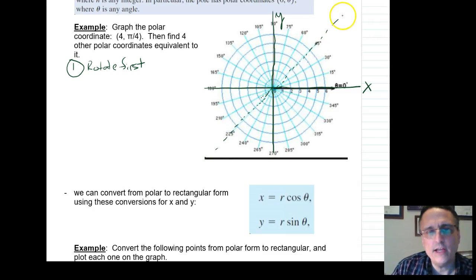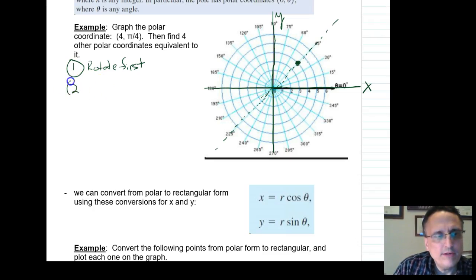So that's one straight line right here. And it's a positive 4, so I'm going to come out here and count 1, 2, 3, 4. That right there is the polar coordinate 4, pi over 4. I pointed myself in the 45-degree direction and counted out 4 concentric circles. Each one of those circles is 1 unit of measure. So that is 4, pi over 4.